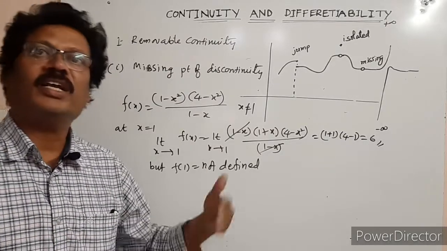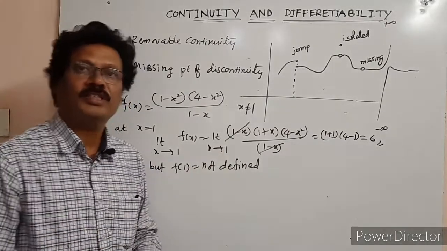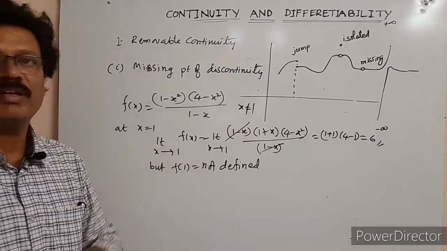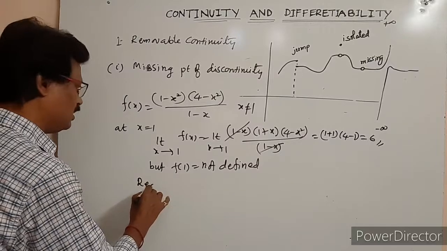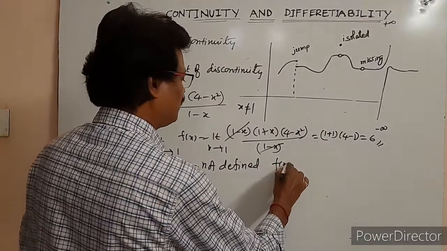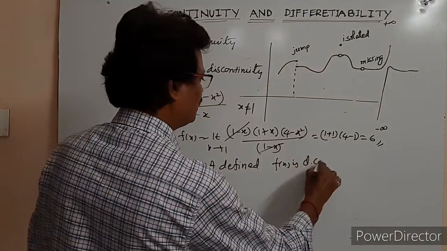Now this discontinuity we can make continuous by redefining f of 1. Suppose f of x is defined like this, then f of x is discontinuous.